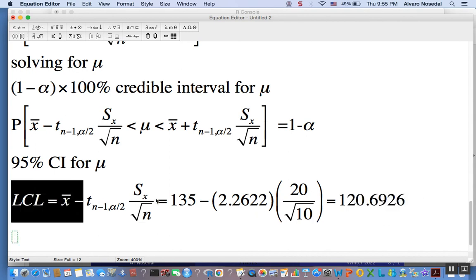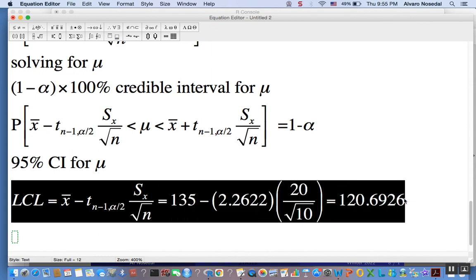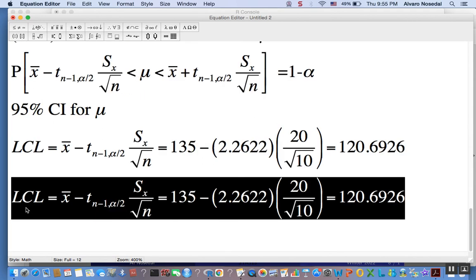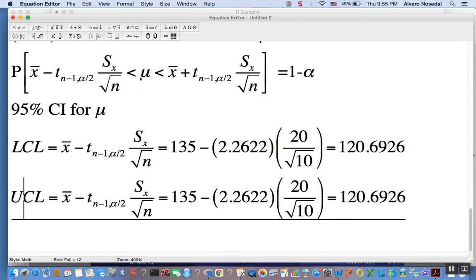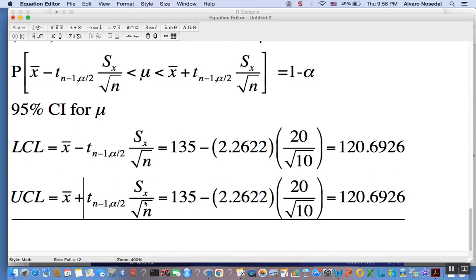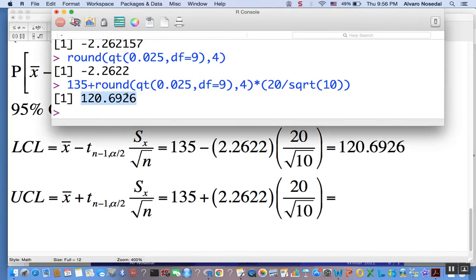Let's find the upper credible limit. Now we want the positive version of this critical value. We know that t-distributions are symmetric, so this better be just the positive version of what we had before. Just for fun, let's double check.